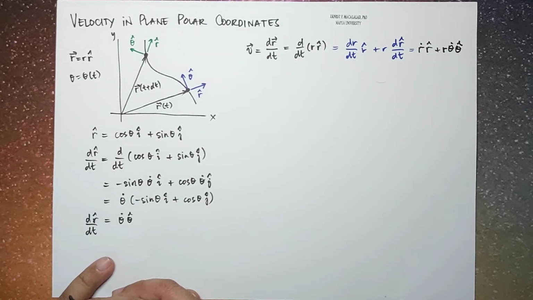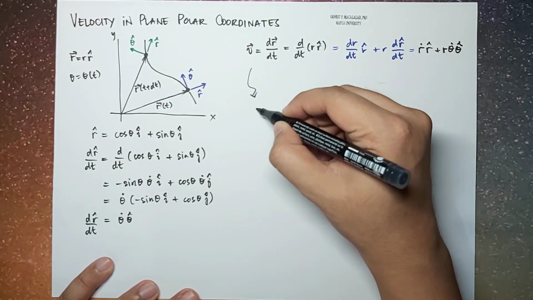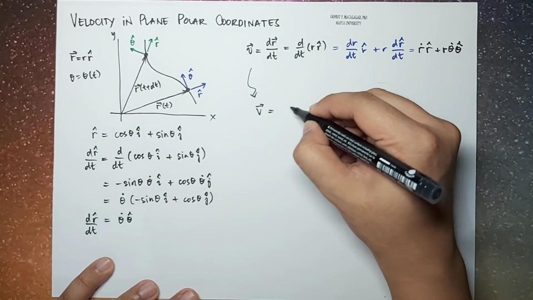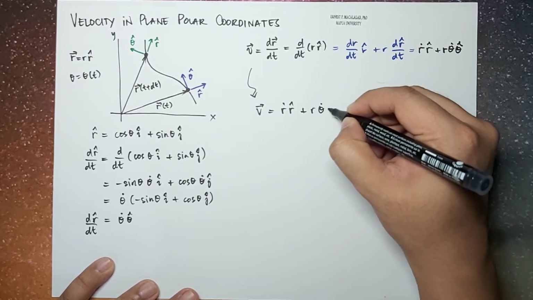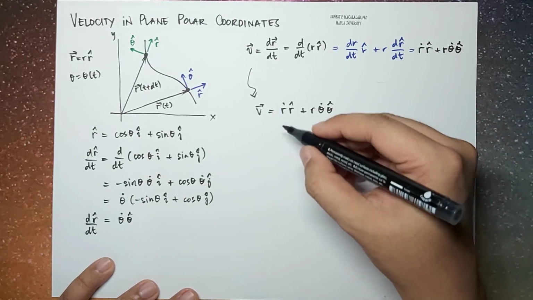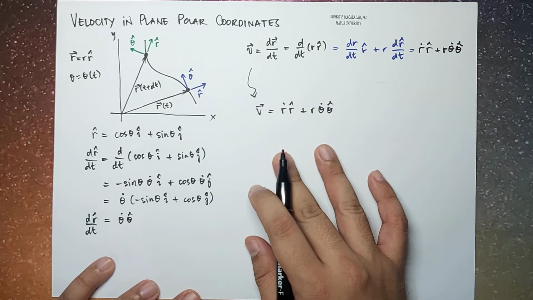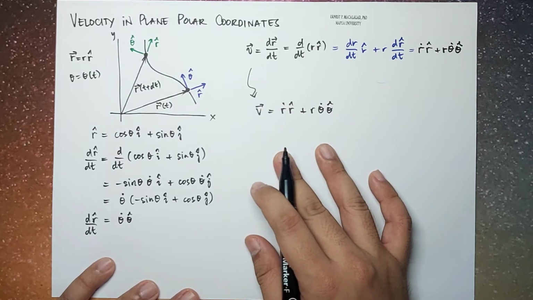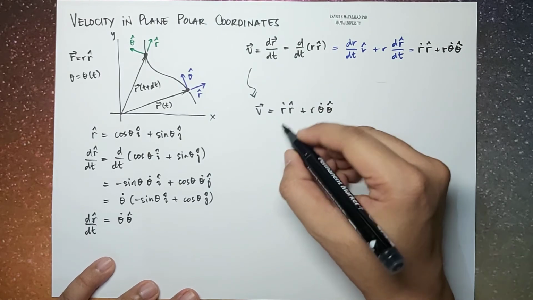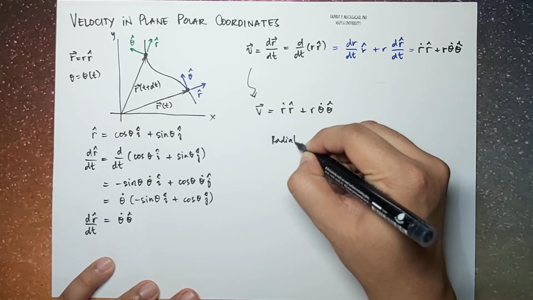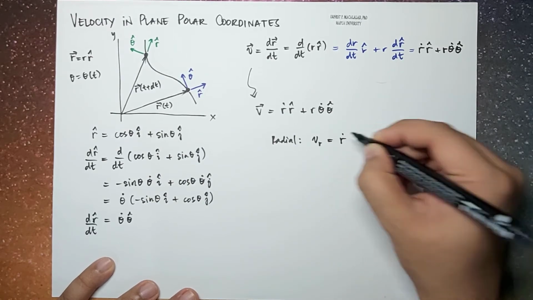So that means velocity is now equal to r dot r hat plus r theta dot theta hat. Here we can express the radial and angular components of the velocity vector. The radial component, let's call this v_r, will just be equal to r dot.